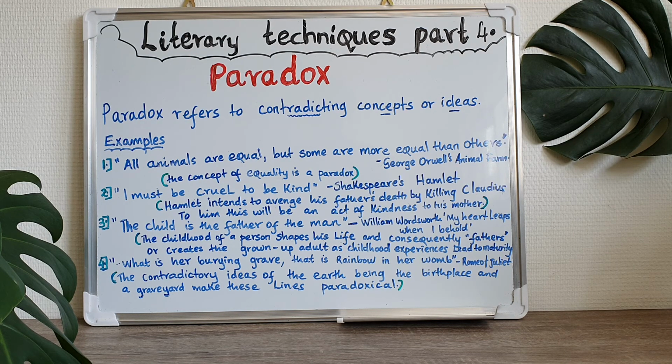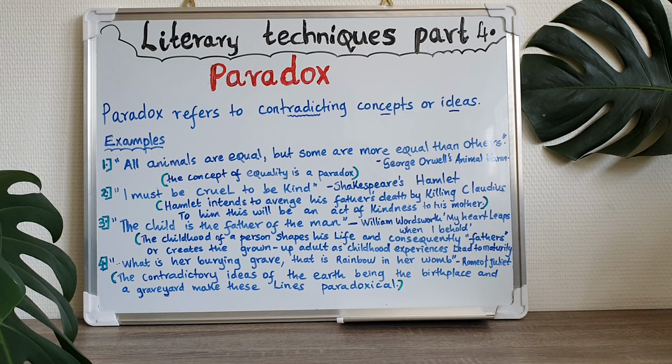makes these lines quite paradoxical. What is her barren grave? That is rainbow in her womb. Okay, so you have the earth here being associated or seen as a birthplace, but at the same time as a graveyard.